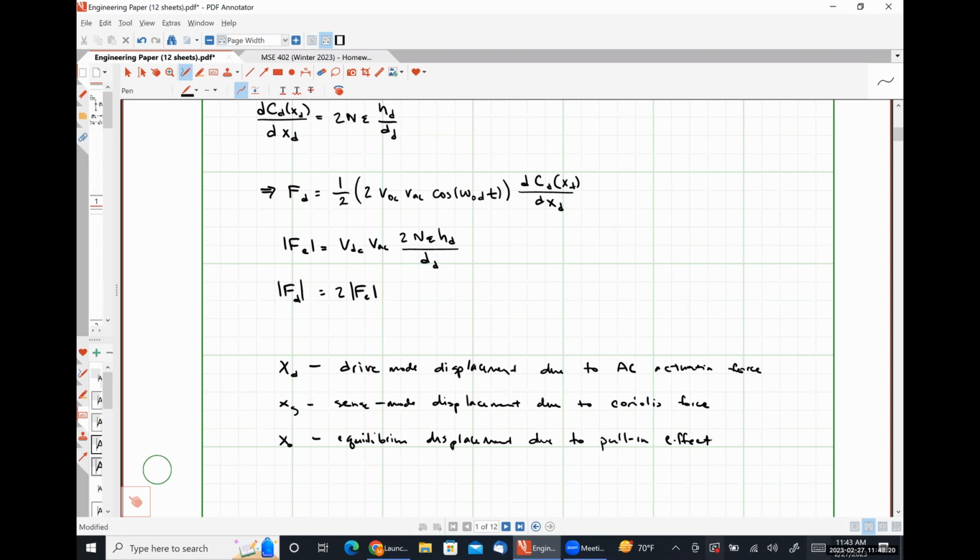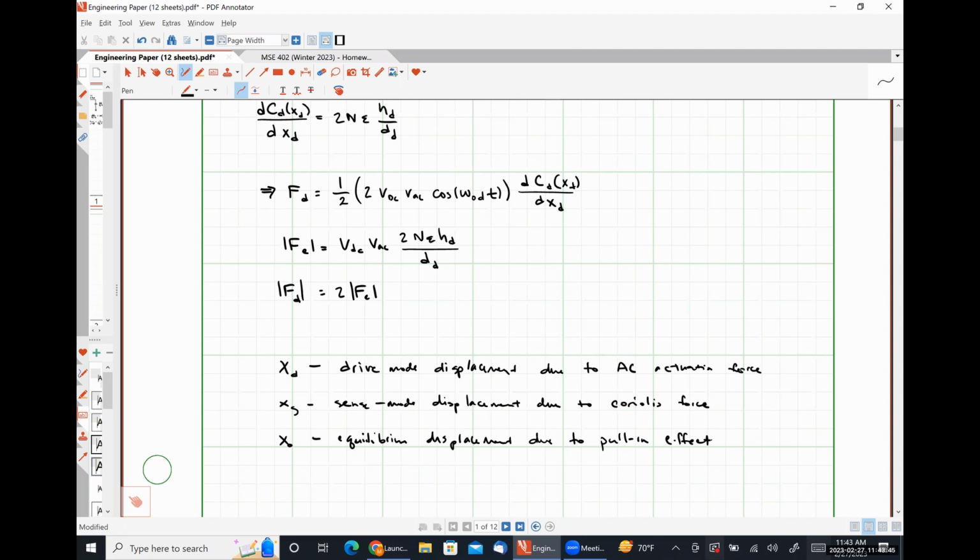I guess one way to think about this would be to figure out, you've only got 5 volts DC on this system, right? So consider 5 volts to be your pull-in voltage. What does the gap need to be to satisfy that constraint?